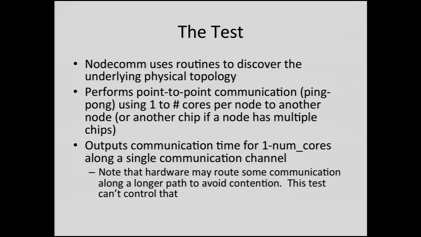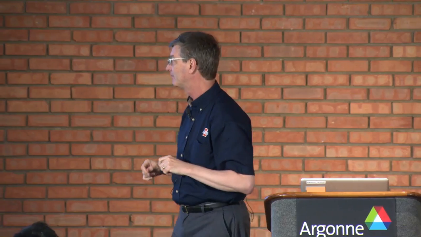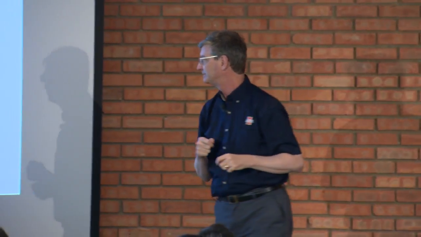And it does ping pong communication, but using one core, then two cores, then three cores, in both of these machines, until there are 16 cores communicating between the same two nodes. Okay. And then we look at the data.